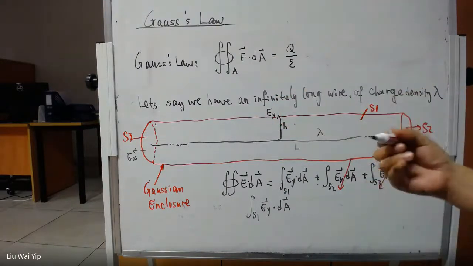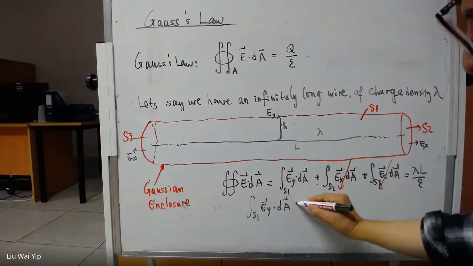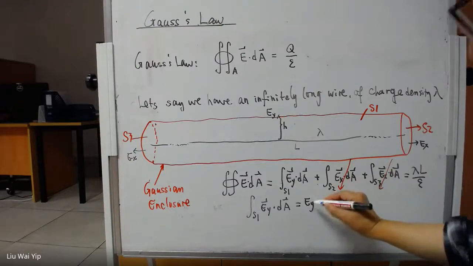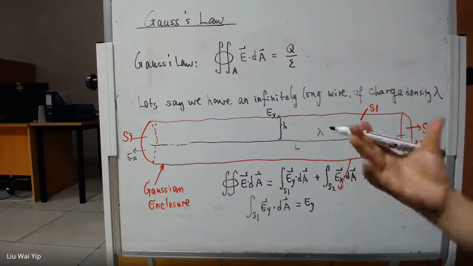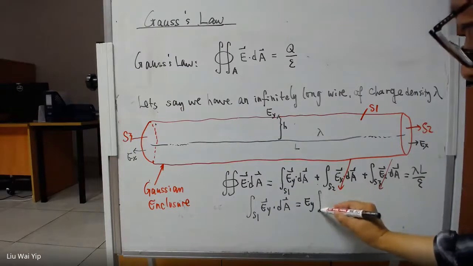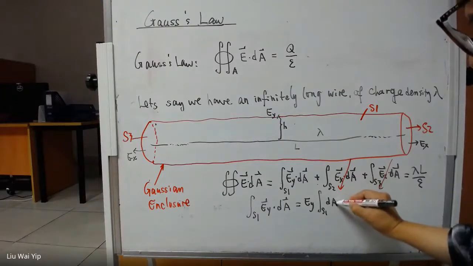Or at least this is our assumption. So this integral should be resolved into EY. In this case, EY stands for the magnitude of the vector EY here. And again, we end up with S1 and dA here.